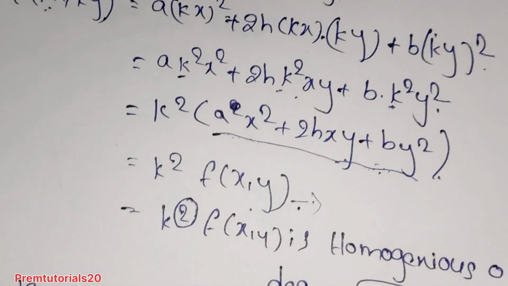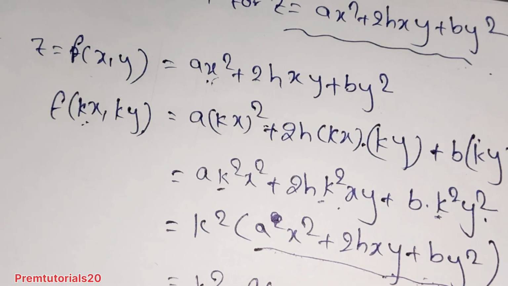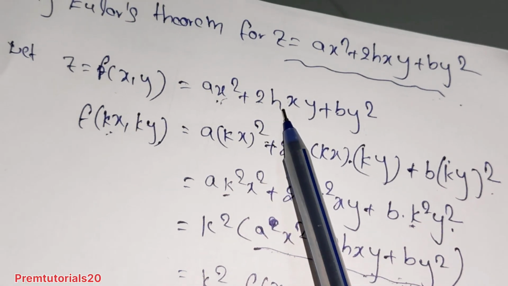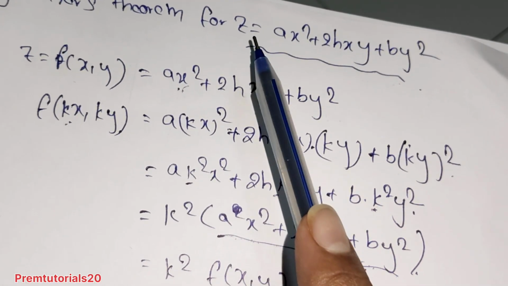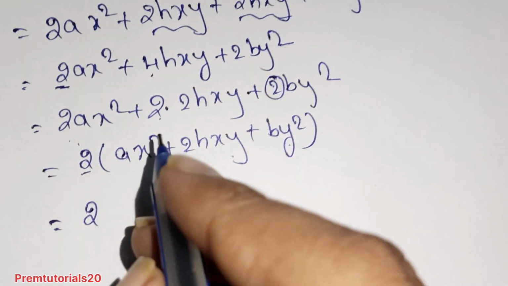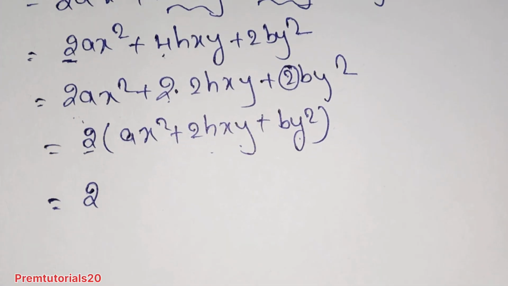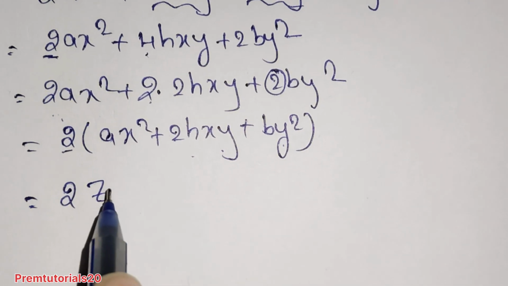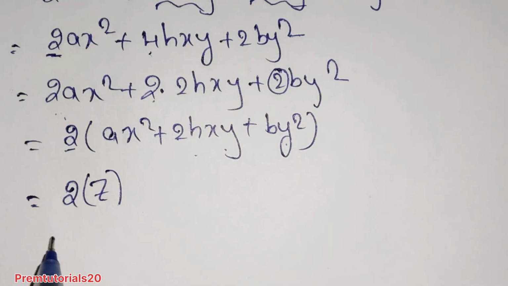In the first sum we already discussed this term. What is the value of ax square plus 2hxy plus by square? It is z. So it's time to replace ax square plus 2hxy plus by square with the value z.